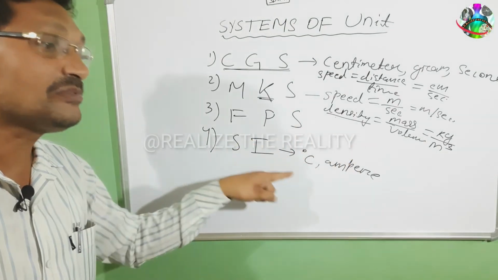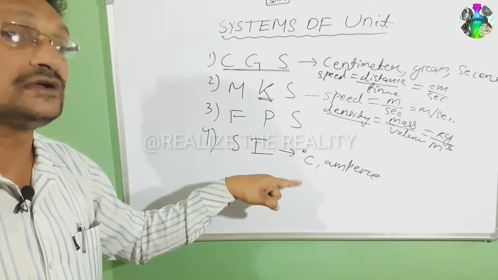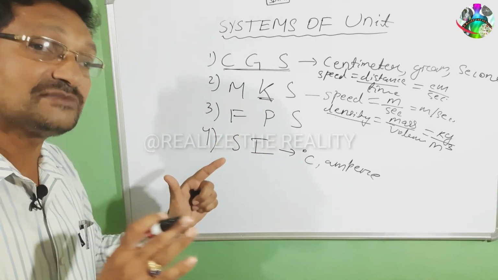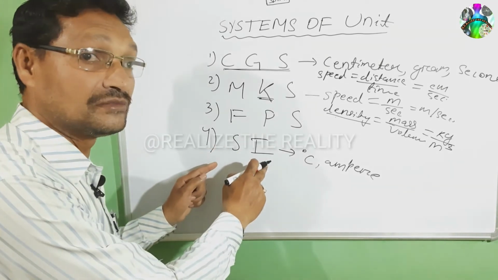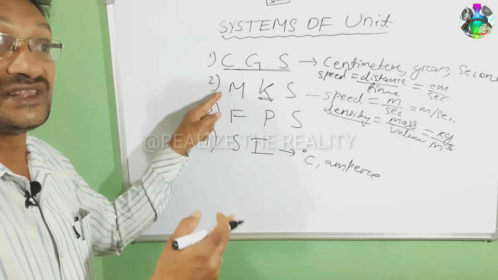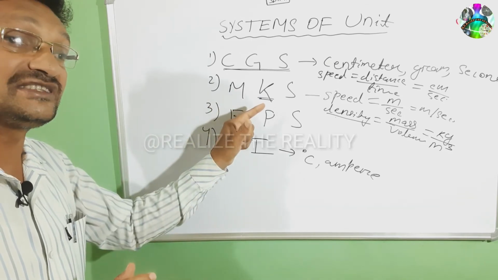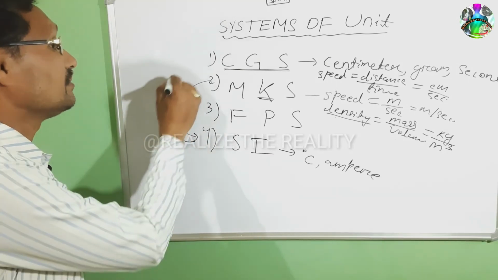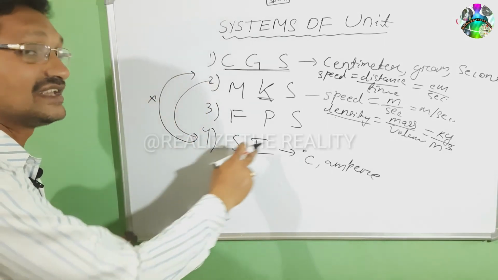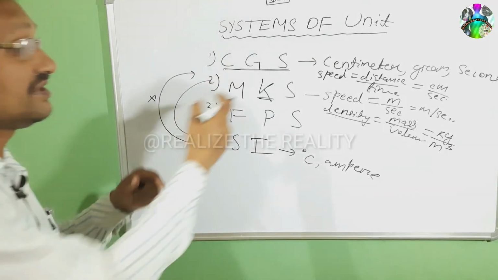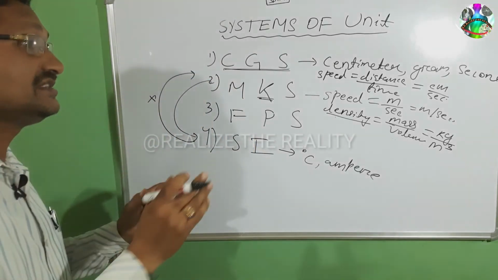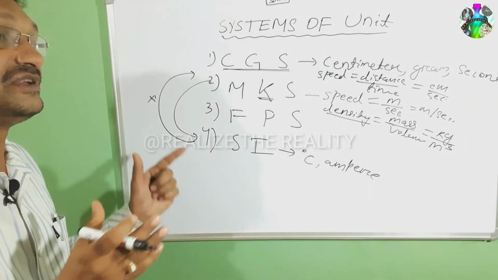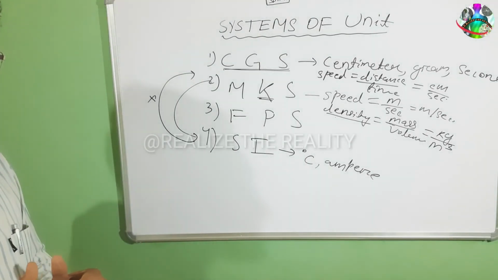It is a specific fundamental unit: temperature, electric current, luminous intensity, angle, solid angle. All these physical quantities we express in the SI system, but we cannot express them in the MKS system. That is why, remember children, all physical quantities of the SI system cannot be expressed in MKS, but MKS can be expressed in SI. So these are the four systems we use to express different kinds of physical quantities. Okay children?